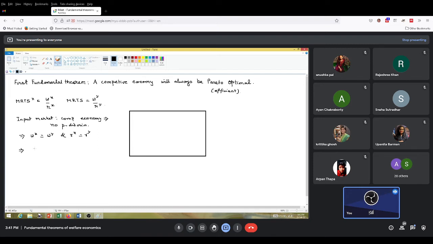So in that case, we can write MRTS X equal to MRTS Y equal to W by R. If both the numerator and denominator are the same, the ratio will obviously be equal. So what does this imply? It implies isocosts will be tangential.